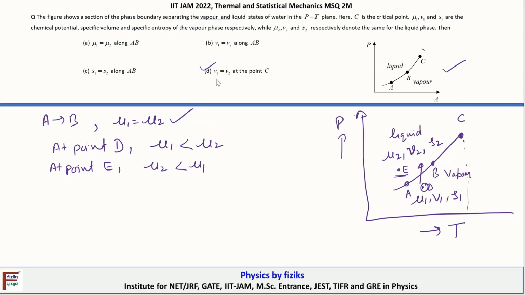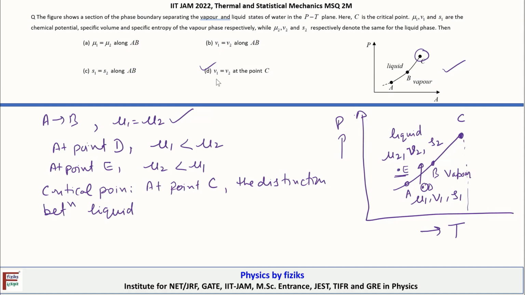So let's talk about the critical point here. At the critical point, at point C, the distinction between the liquid and vapor phase disappears.